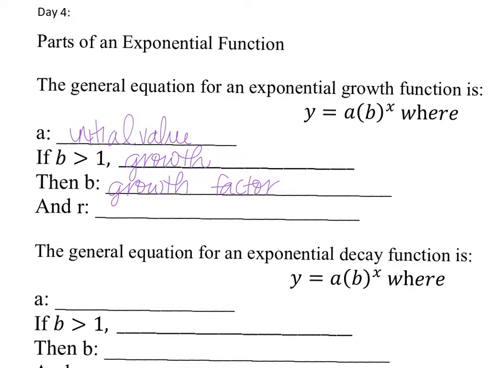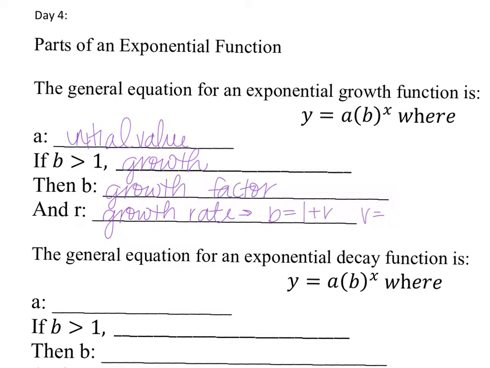If you want to find the growth rate, labeled as r, b equals 1 plus r. So to find r, we subtract 1 from both sides, and r equals b minus 1. If we want to find our actual growth rate, we have to do b minus 1.